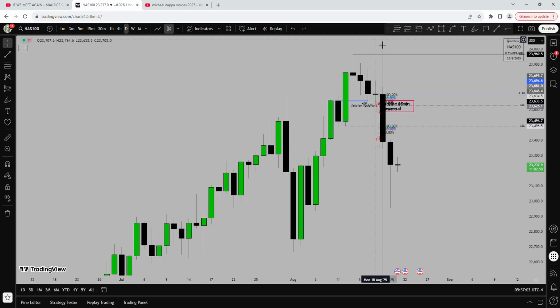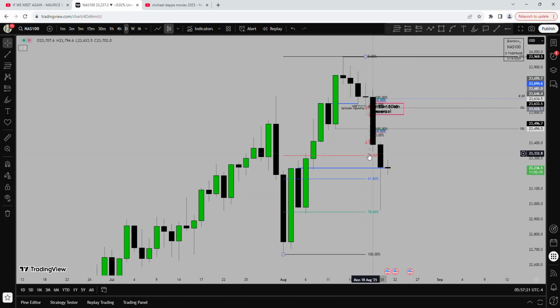On the daily time frame, we can still see that for this range there is a daily order block here. I like to mark my order block from the open. So this is the open order block, and it is below the 50%. Just ignore all of this you're seeing. I'm going to explain it.